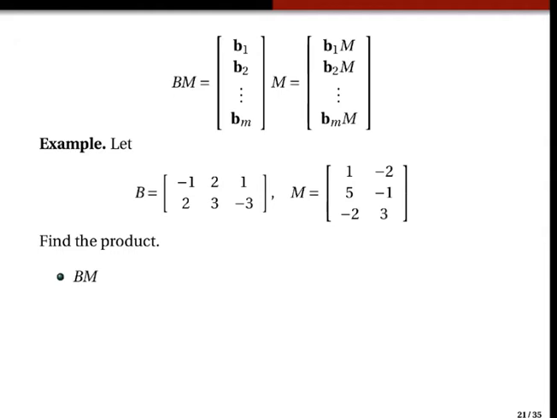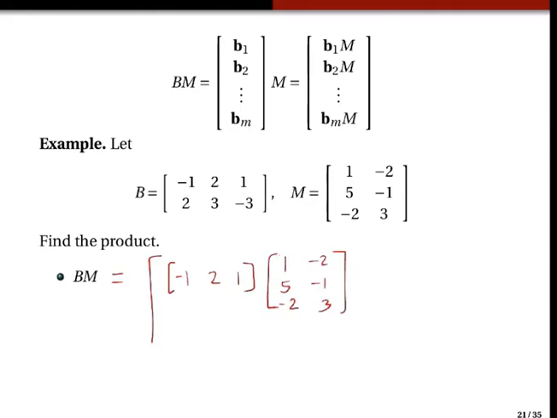So what you will see in this form would be, row 1 here, you have your negative 1, 2, 1 multiplied to M. So multiplied to M, it's 1, negative 2, 5, negative 1, negative 2, 3. Okay?